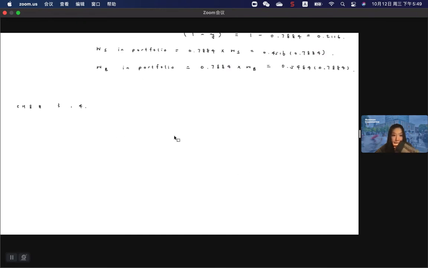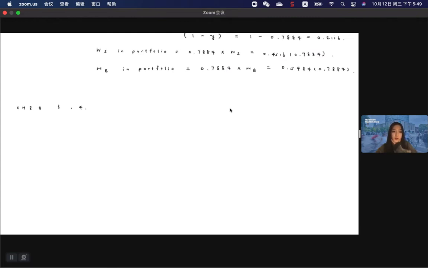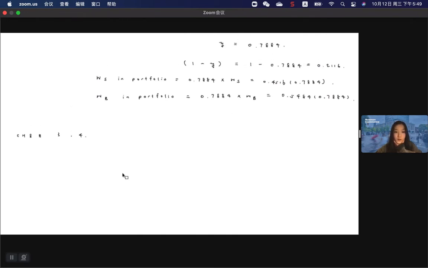Okay. So because the question mentions a regression line, we are sure that it is the security characteristic line, and the slope will equal the beta of the securities, and the x-axis will be the market risk premium.